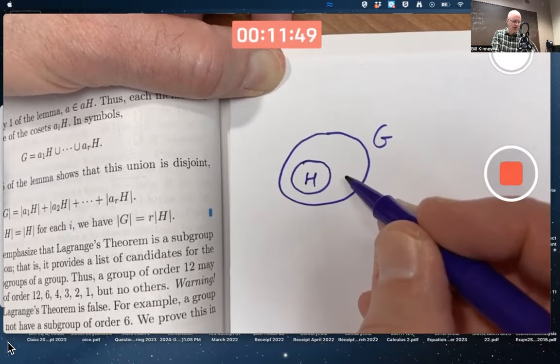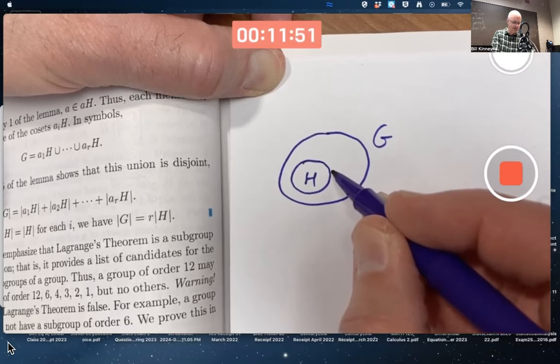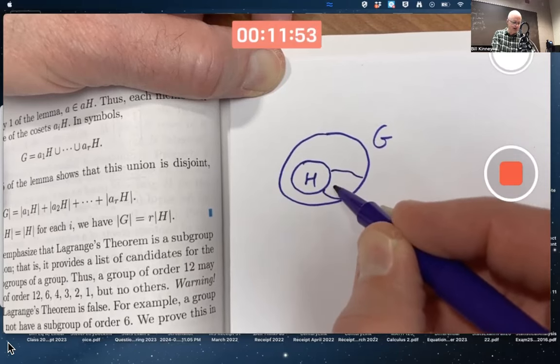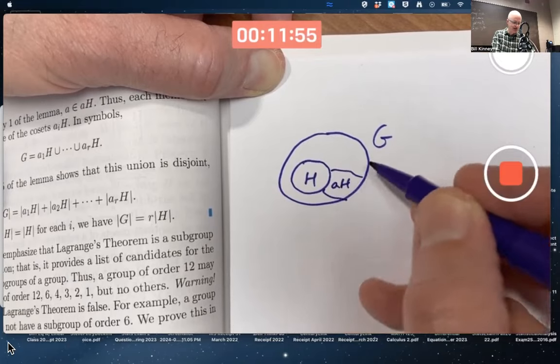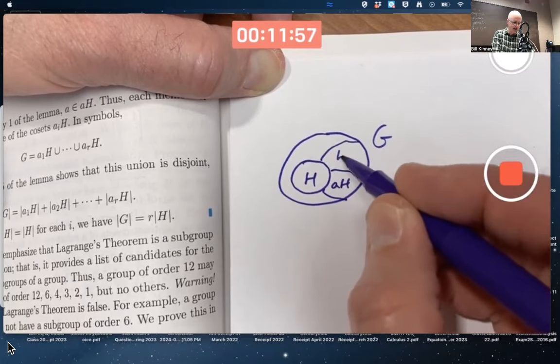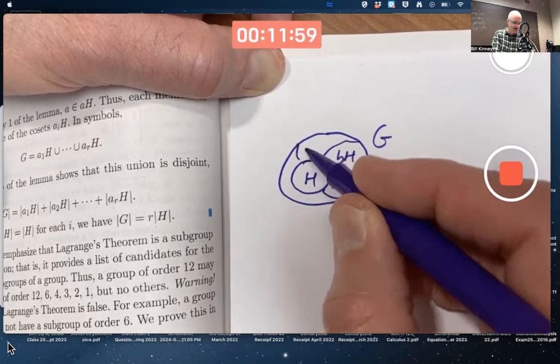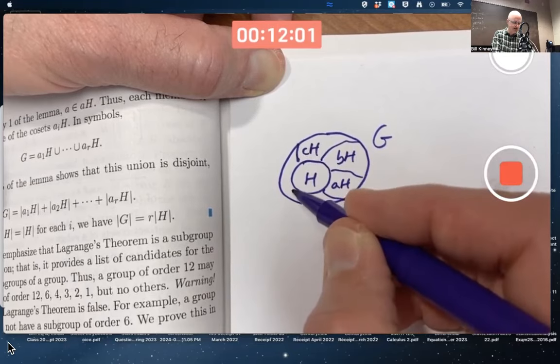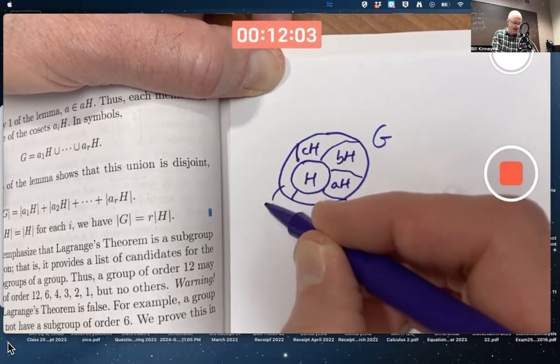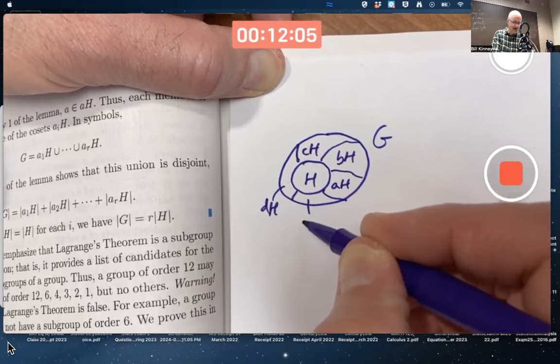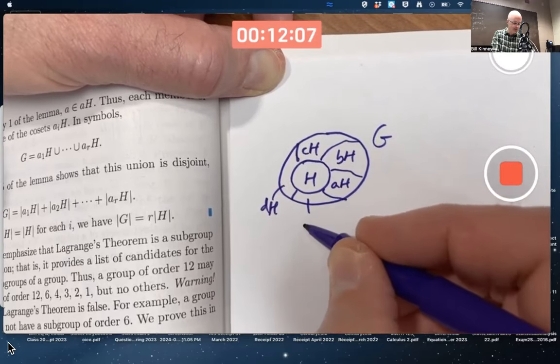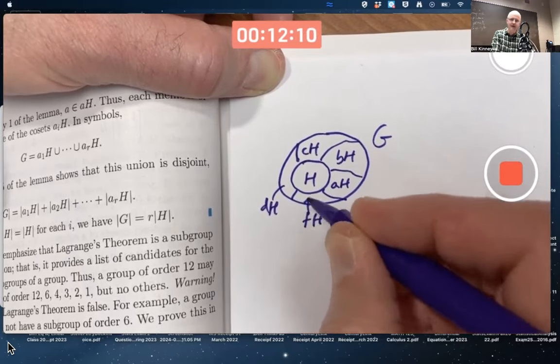I also want to draw cosets of H in G. There's one coset, AH. Here's another coset, BH. Here's another coset, CH. DH. And EH. I probably shouldn't use the letter E. FH.